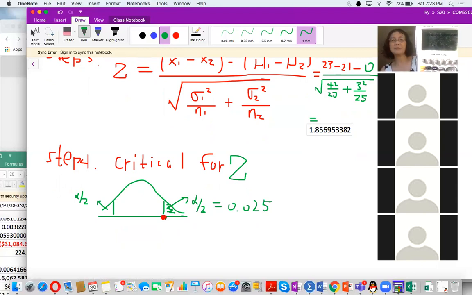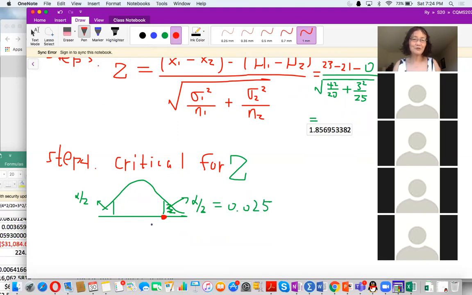After that, tail, see, I have this little right tail, you select tail right, area 0.025, sigma is 1, mu is 0. Okay, and then press EXE, you get 1.96.